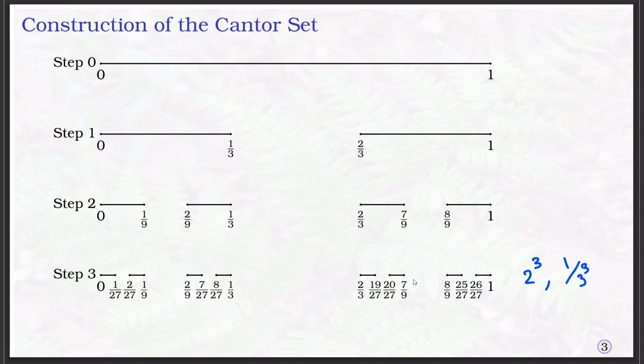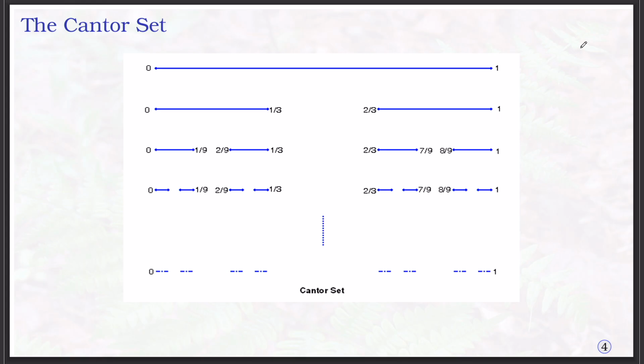Continuing this process, after a certain iteration, one gets this type of figure. Then we take the intersection of all the intervals, and one gets the Cantor set. This picture, after a finite number of iterations, illustrates the construction process of the Cantor set.